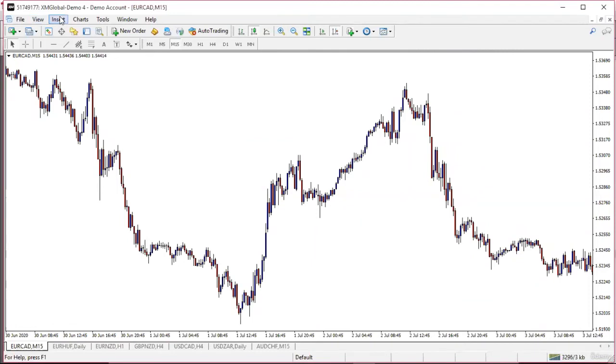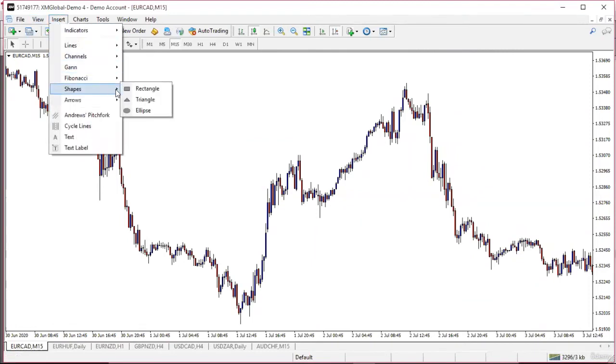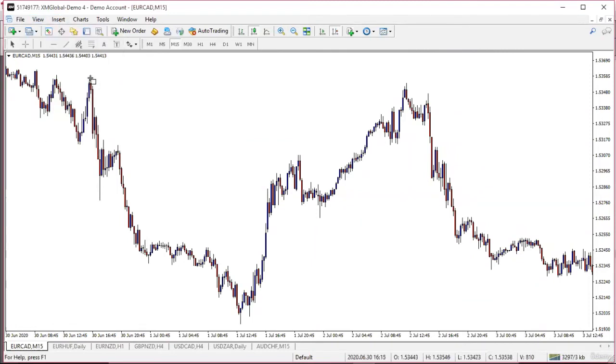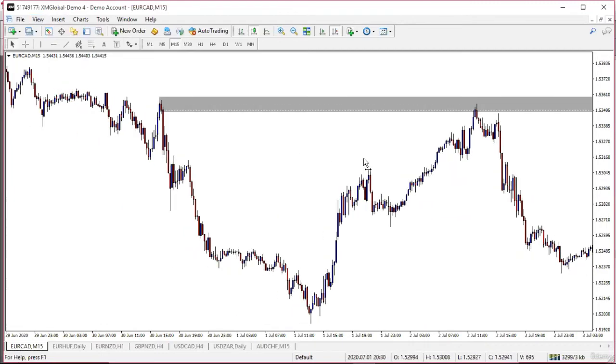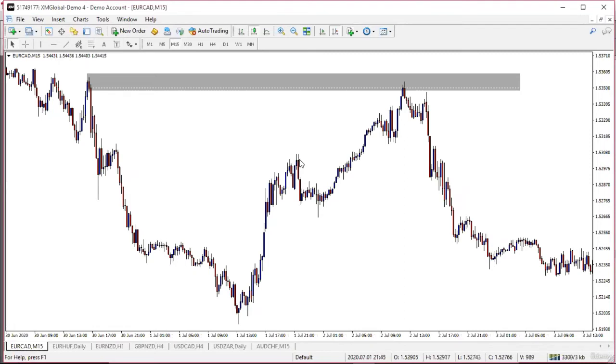But also we need to ensure that this is forming along previous resistance there. And on the time frame where it occurs, the higher time frame might be in a downtrend, but this time frame where we see that pattern being formed, it's actually in an uptrend.